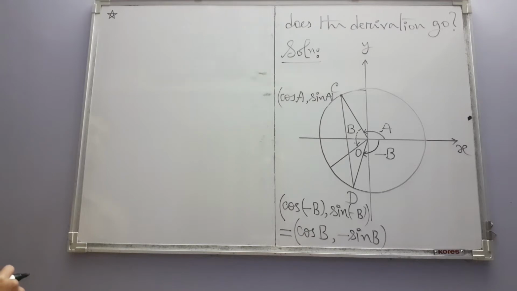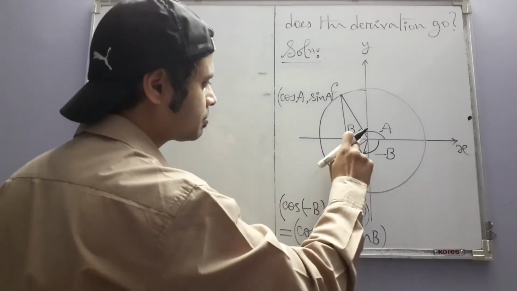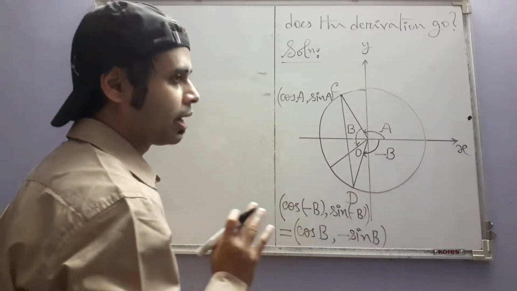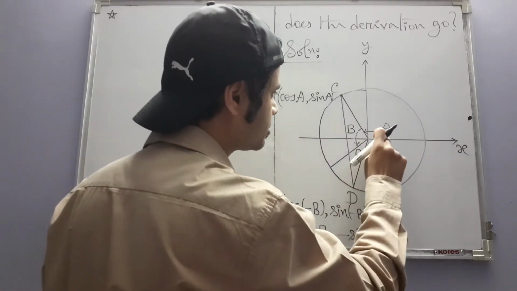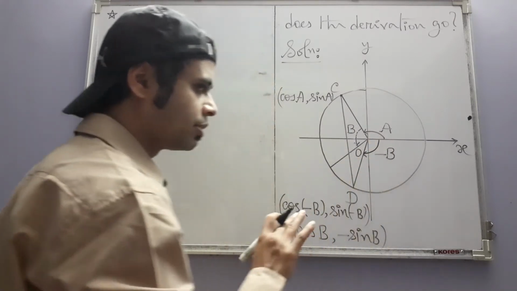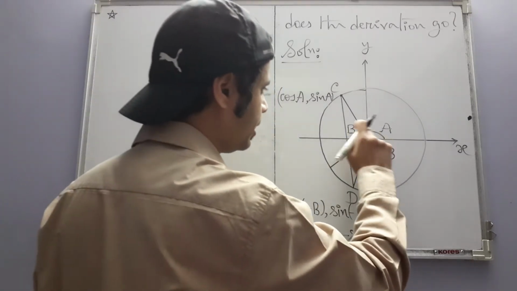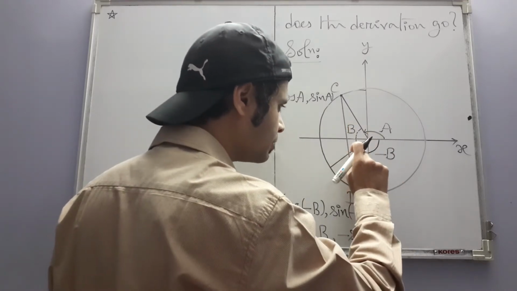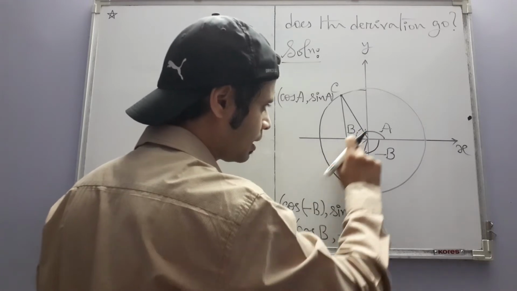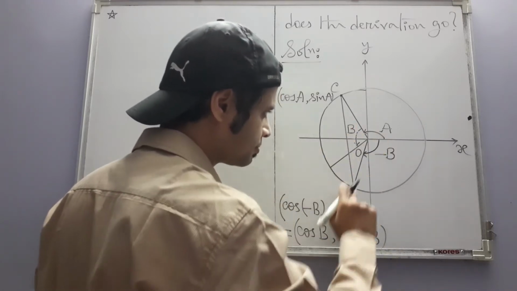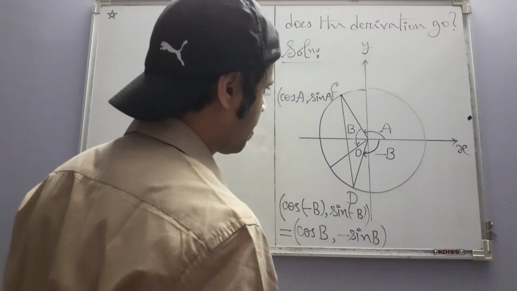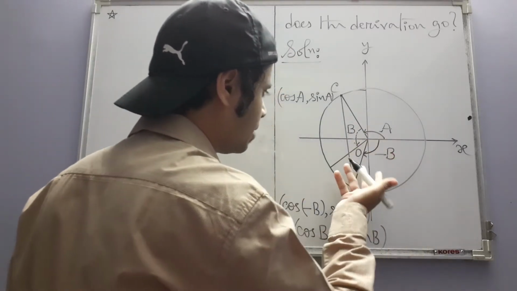Now we already know that if you add up all these angles, all the four angles, what four angles? A, B, minus B, I mean I am talking only about the magnitude. Okay, so A, B, another B, and this one which we don't really know, this angle between these two lines. So we can do one of these two things.